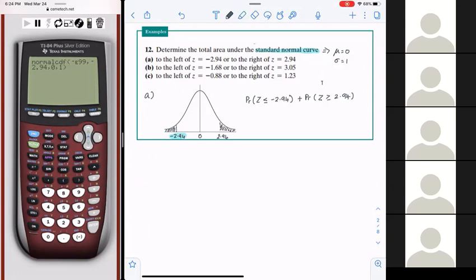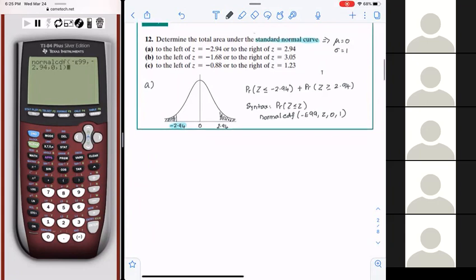So the standard syntax to find this area using your calculator is normalcdf, and I end up getting a value of 0.0016.